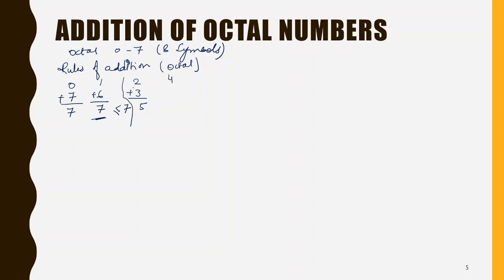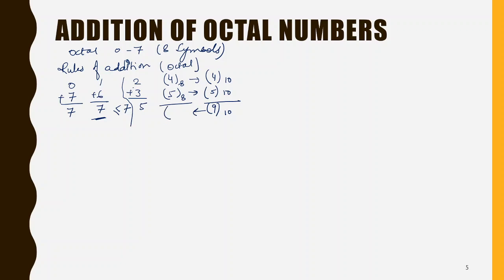Suppose we want to add 4 as an octal number and 5 as an octal number. If I convert it into decimal, 4 is 4 and 5 is 5. Now if I add these two, this gives 9 in decimal. And 9 in decimal, we have to convert into octal.